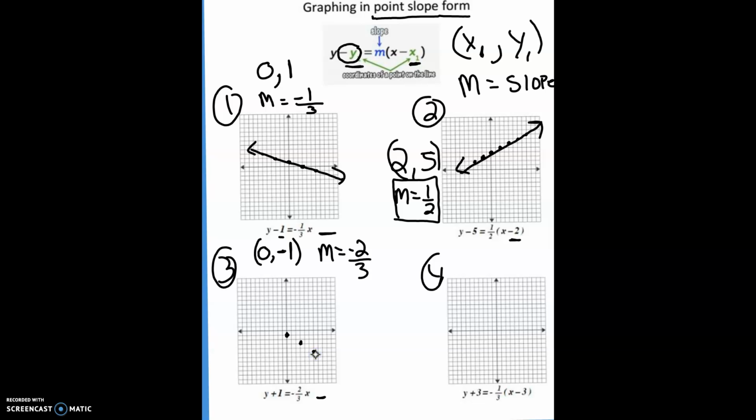Then I can go backwards and go up 2 over 3. And then let's do one more. Up 2 over 3. All right, there's my line. Those two are not points, again my sensitive pen. Let me erase them. There it is.